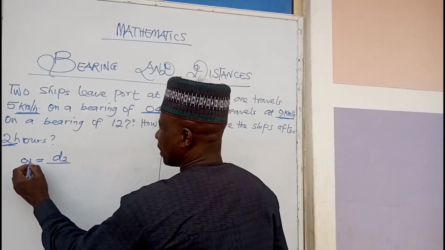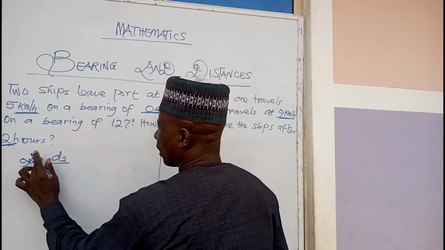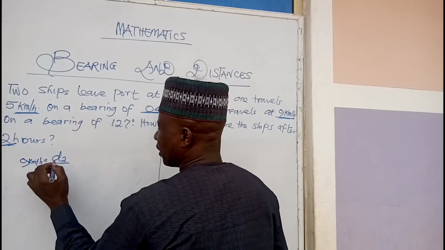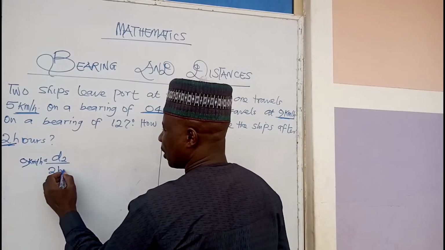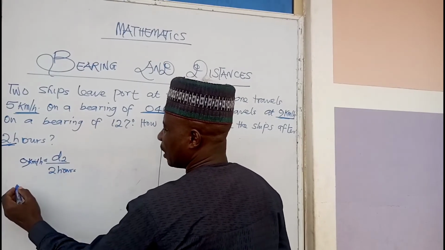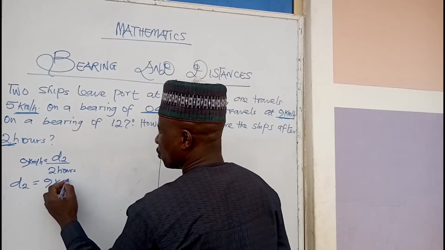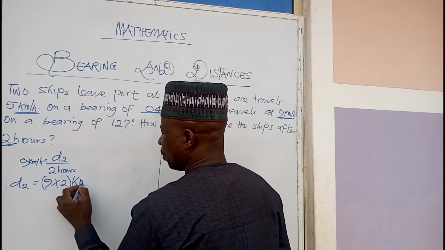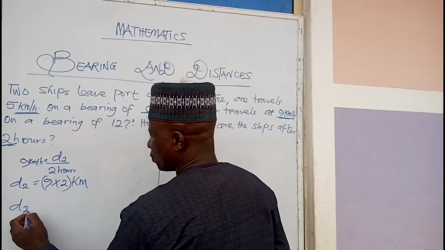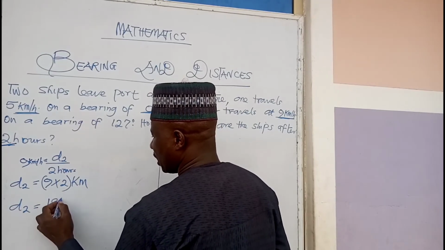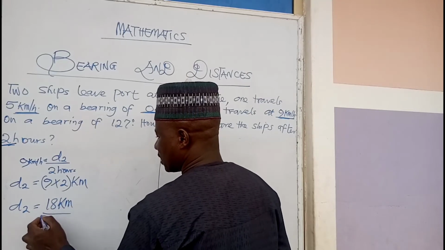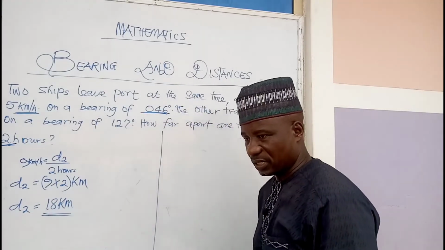The 9 kilometers per hour is our speed, all over time, which is 2 hours. Now, our D2 is going to be 9 times 2. Everything is in kilometers. So our D2 now is equal to 18 kilometers. That is the second distance.